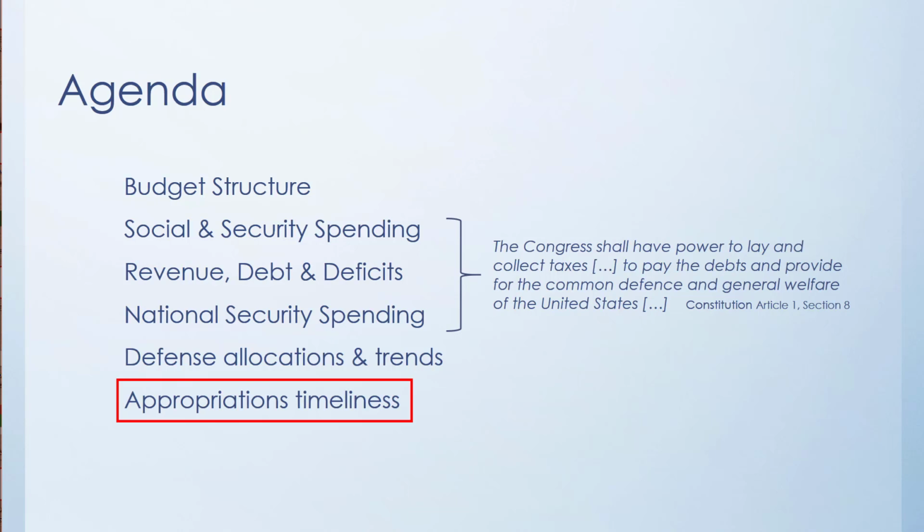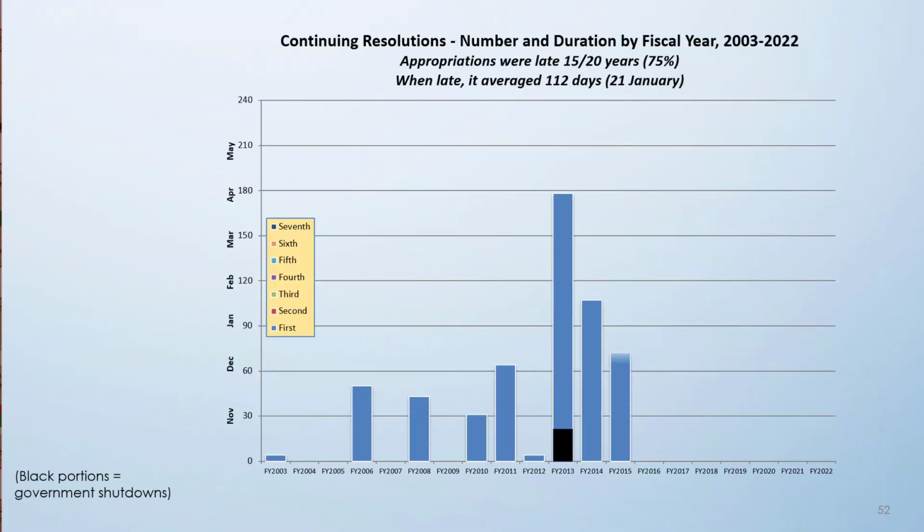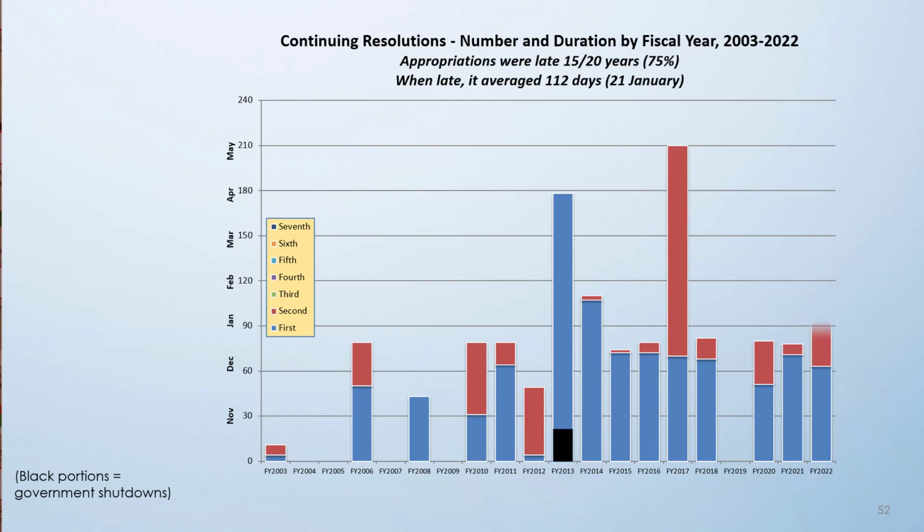Let's now talk about the fact that we don't always get our appropriation on time. And what this chart is showing are the number and duration of continuing resolutions or temporary spending authority by fiscal year.